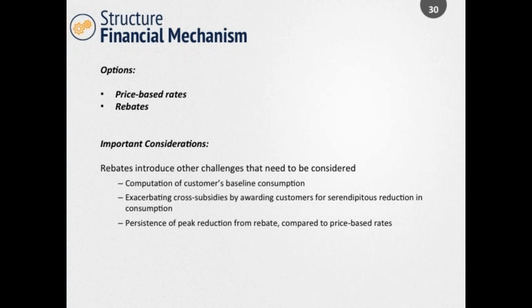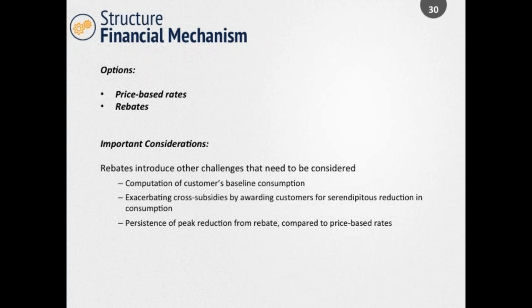The second important challenge is whether rebates exacerbate cross-subsidies by awarding customers for serendipitous reduction in consumption. Again, this could be a heavy use customer who could be accidentally provided a huge rebate for just being away from home during a peak event.